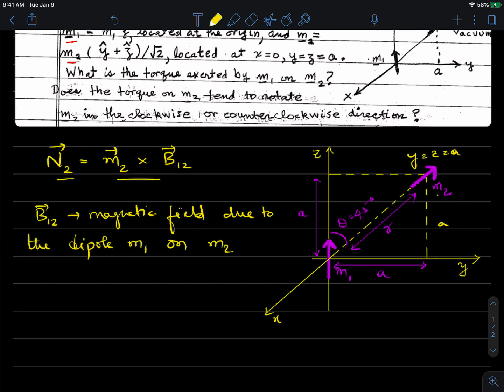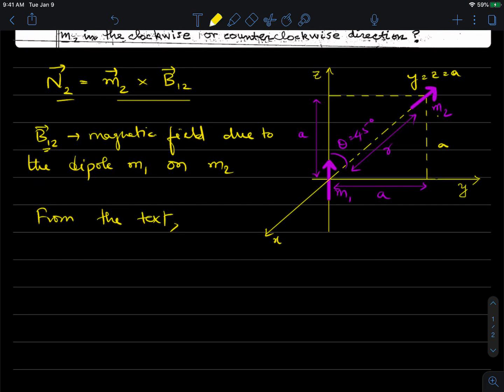Basically we have to find out the torque. To find the torque, this is the cross product that we have to do. But to do this cross product, we need to know B12. From the text, the formula for magnetic field due to a dipole is mu naught m by 4 pi r cube multiplied with (2 cos theta r cap plus sine theta theta cap).